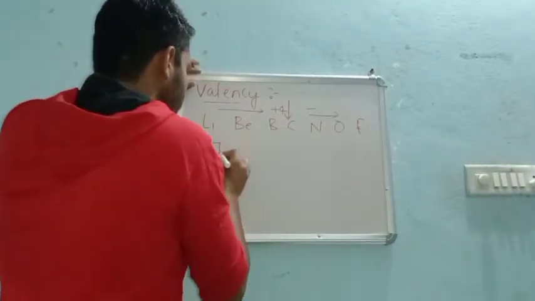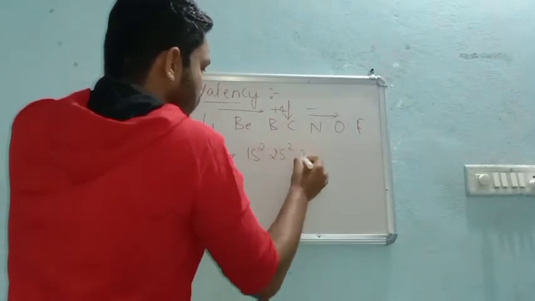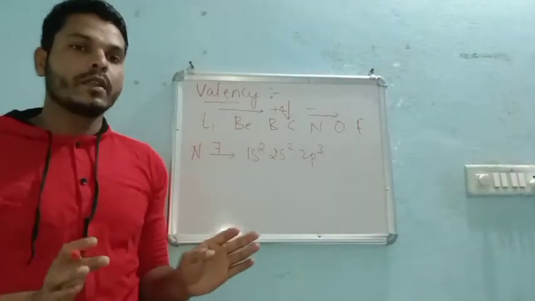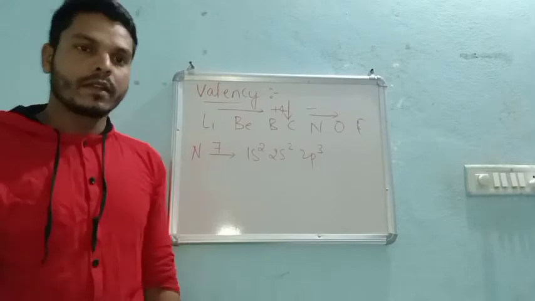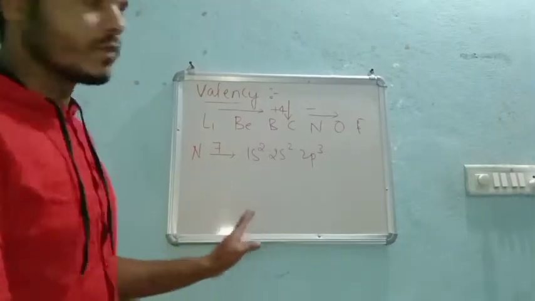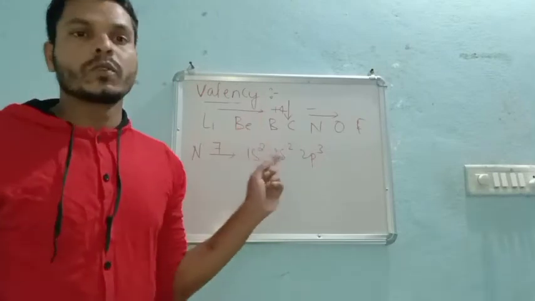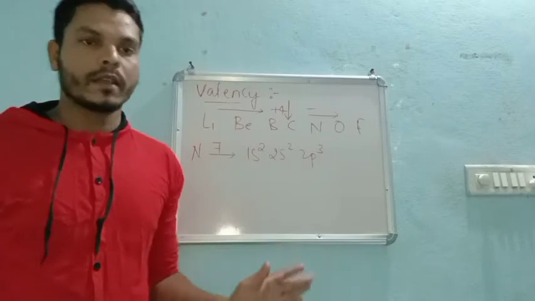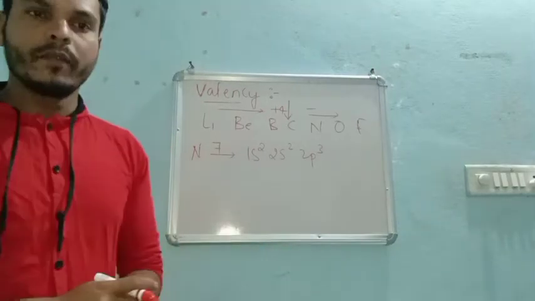Nitrogen is having 7, 1s2, 2s2, 2p3. See, if you don't know about electronegativity, then definitely this class will not be understood. You will not get this class. Why? Because I have requested you people to please go through the electronegativity. If you have gone through it already, then okay. If you have not, then this class will be very difficult for you.